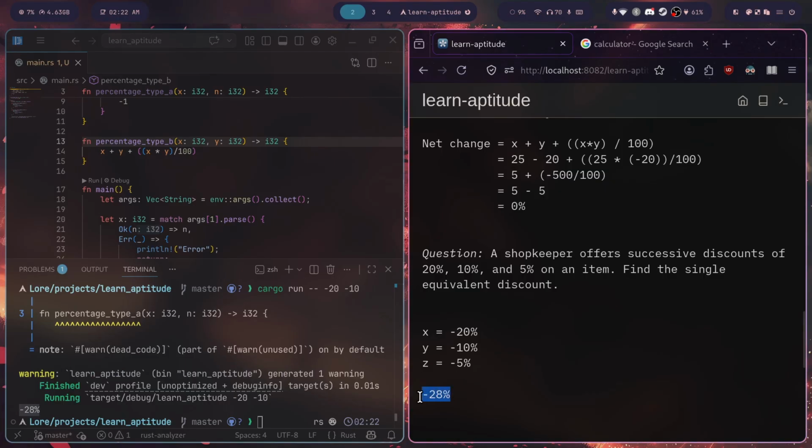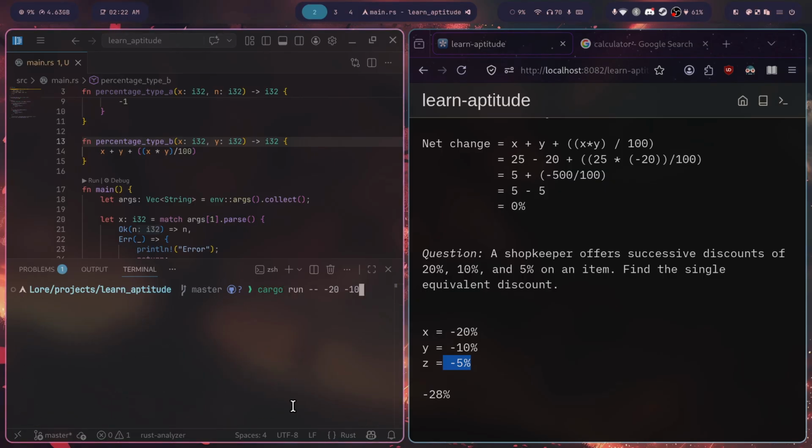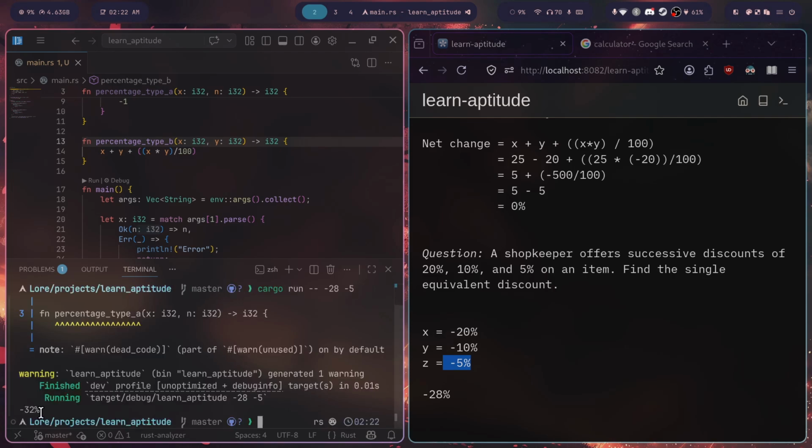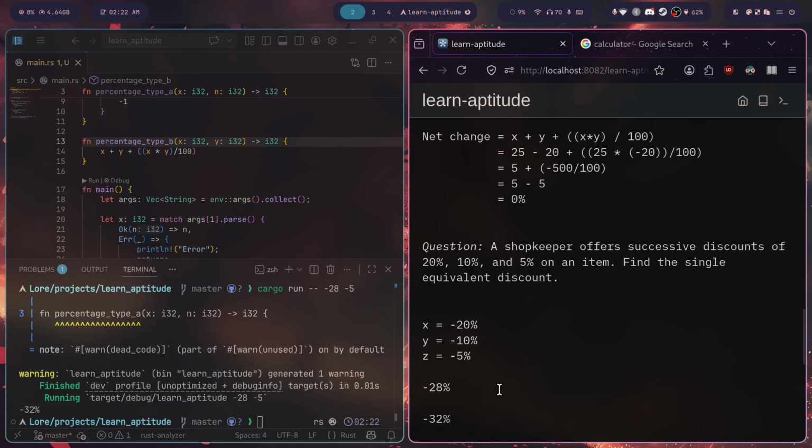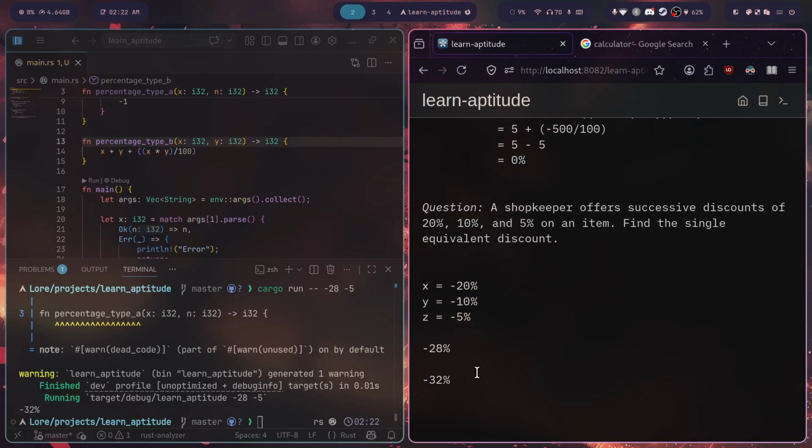Now I will pair minus 28% with minus 5%. So ultimately the actual answer was minus 32%. So the total discount that we were going to get was 32%.